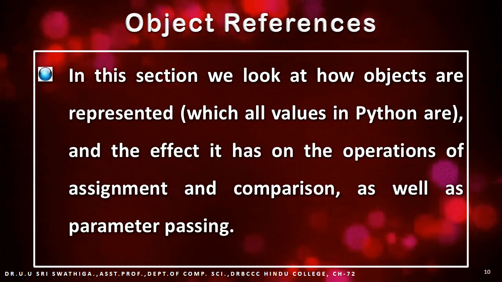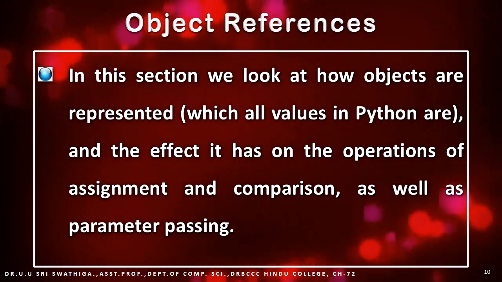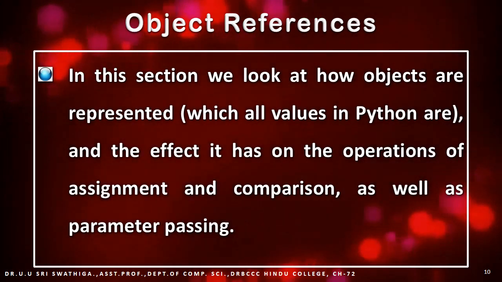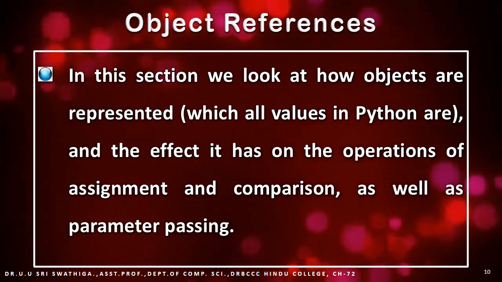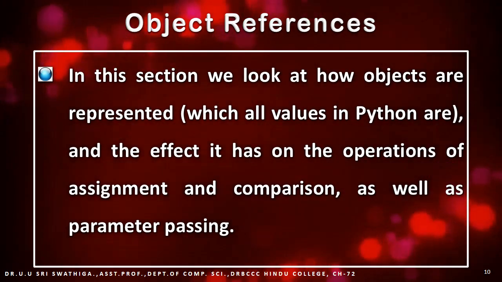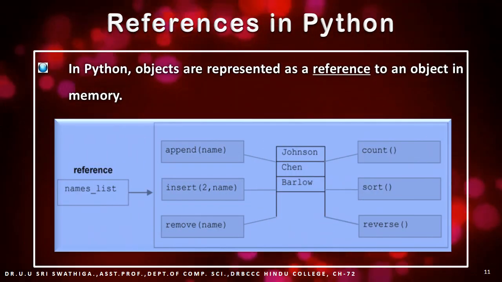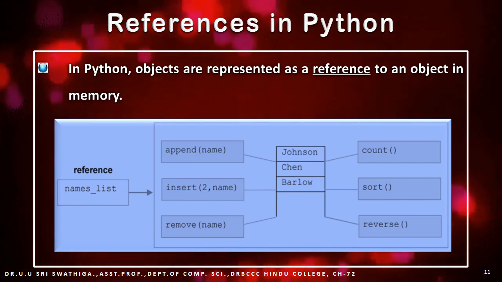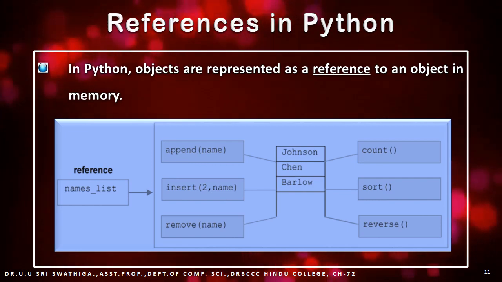Object references. In this section we look at how objects are represented, which all values in Python are, and the effect it has on the operations of assignment and comparison, as well as parameter passing. References in Python. In Python, objects are represented as a reference to an object in memory, as shown in the figure.